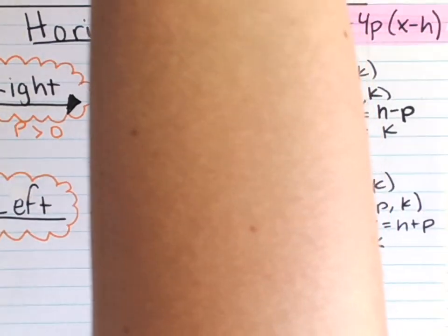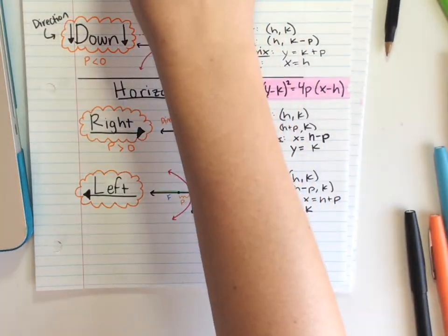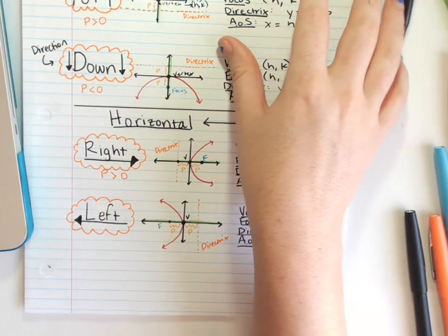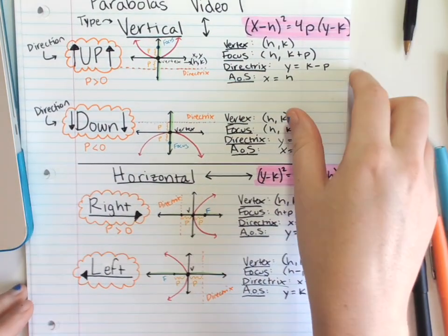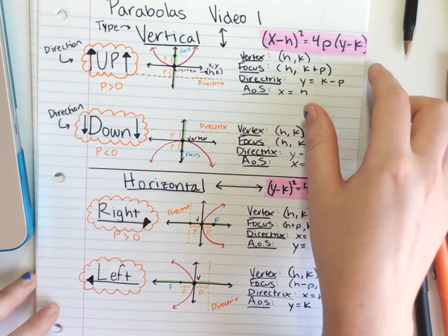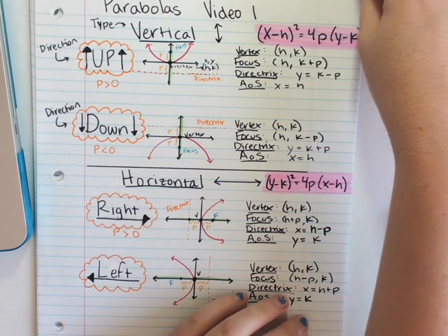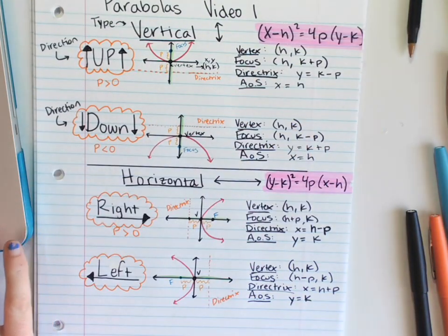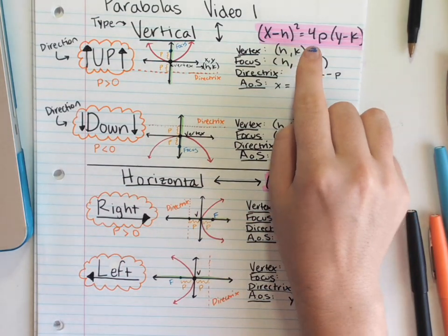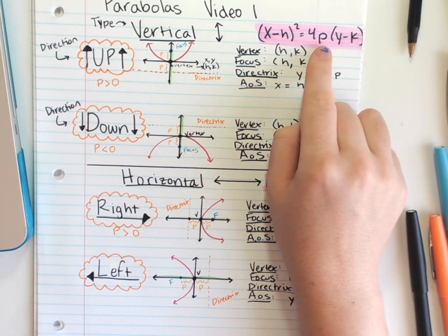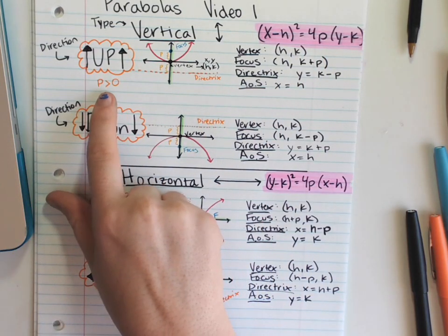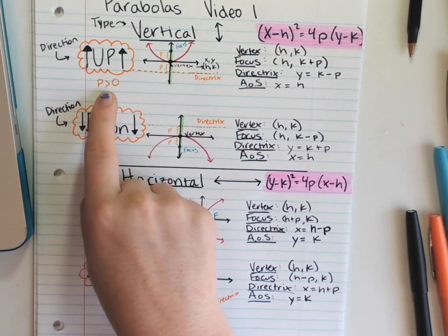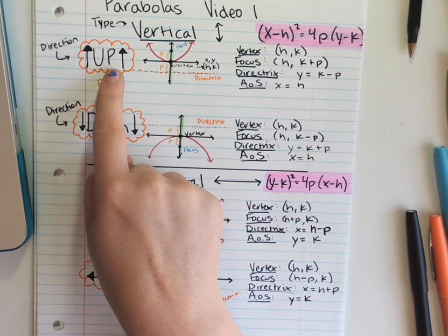Okay. So there's all the information. Highlighted in pink are the standard form equation of parabolas. That was on a previous slide. How do we determine whether or not it's up, down, left, or right? Well, this part, 4 times p, once we figure out what p is, that's going to tell us if p is positive, so it's bigger than 0, it's going to face up.